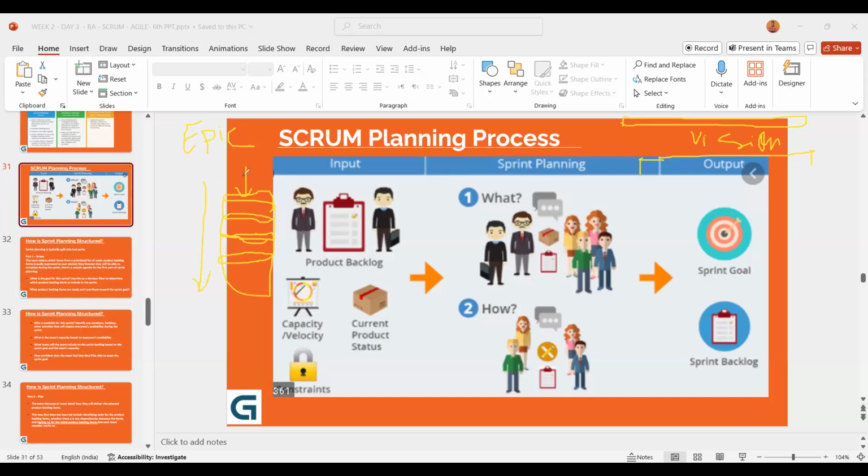In the product backlog, you will definitely have some technical tasks, some epics, and some non-functional requirements. With me so far? So what do we mean by non-functional requirement? It means how your software is going to respond, how it is going to appear on the screen, how much load your software can manage.